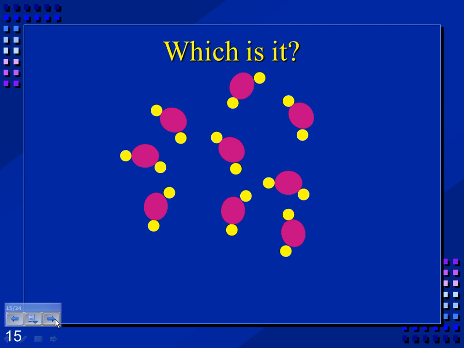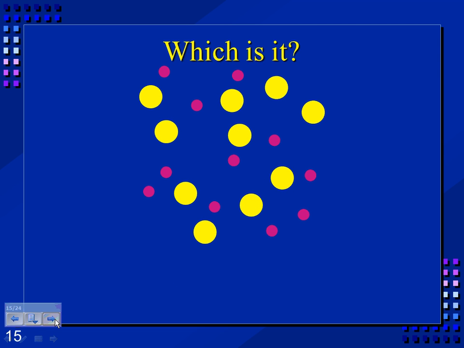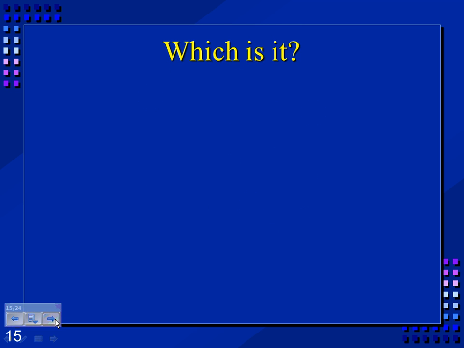So that's going to be a compound. Then here, I notice that my two different molecules, or in this case, they're atoms, the yellow atom and the pink atom are not chemically combined together. They are separate from each other. So I know here I have a mixture of atoms.